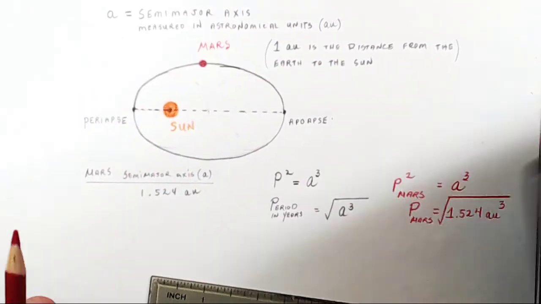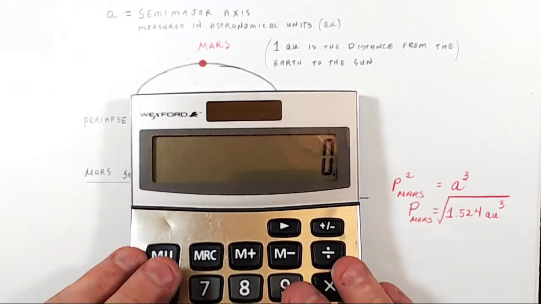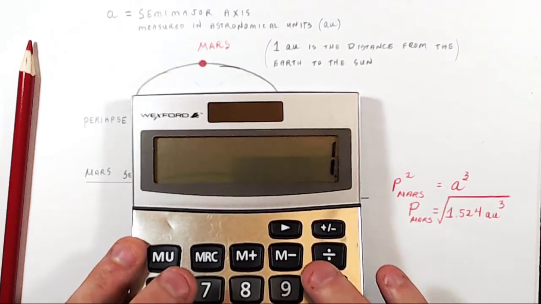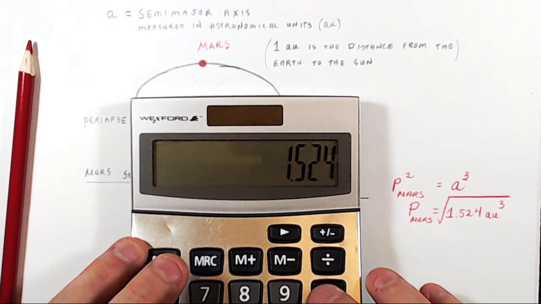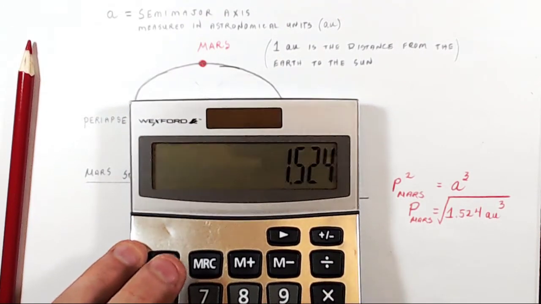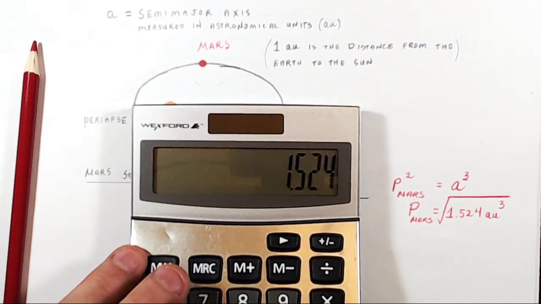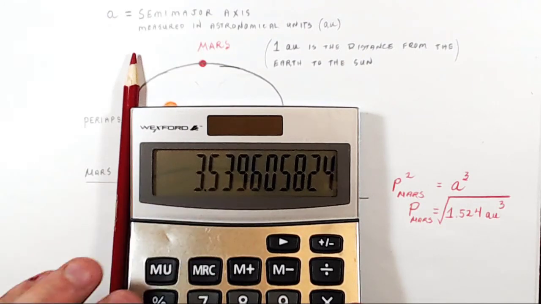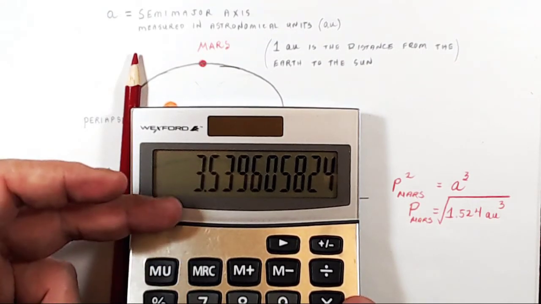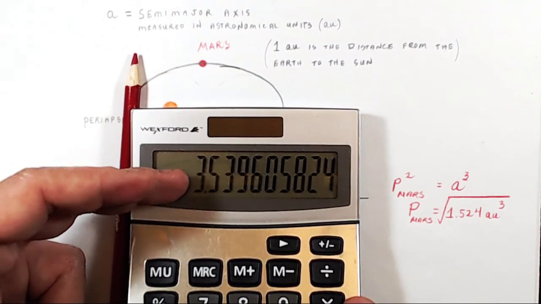Okay, so what I'll do is take a simple calculator, put 1.524 times 1.524 times 1.524 equals 3.5396058. That is the cube of the semimajor axis for Mars.